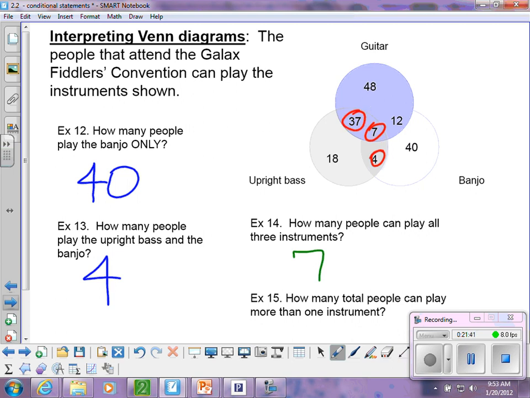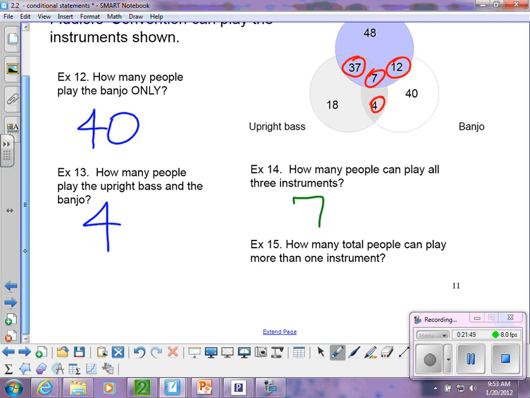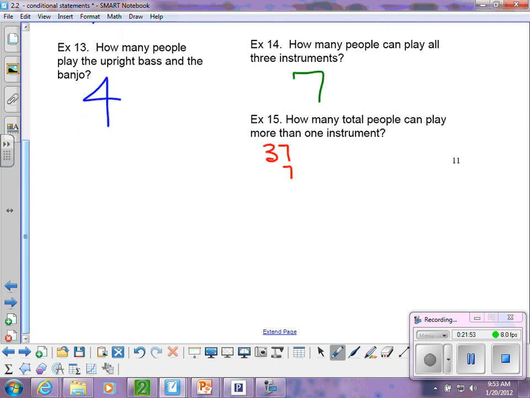And these 12 can play the banjo and the guitar. 37, 7, 12, and 4. Yep, 60. Very good, 60.